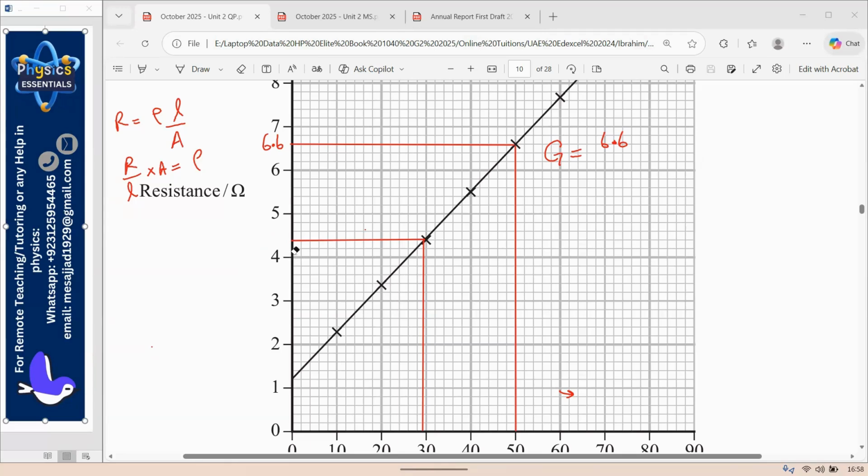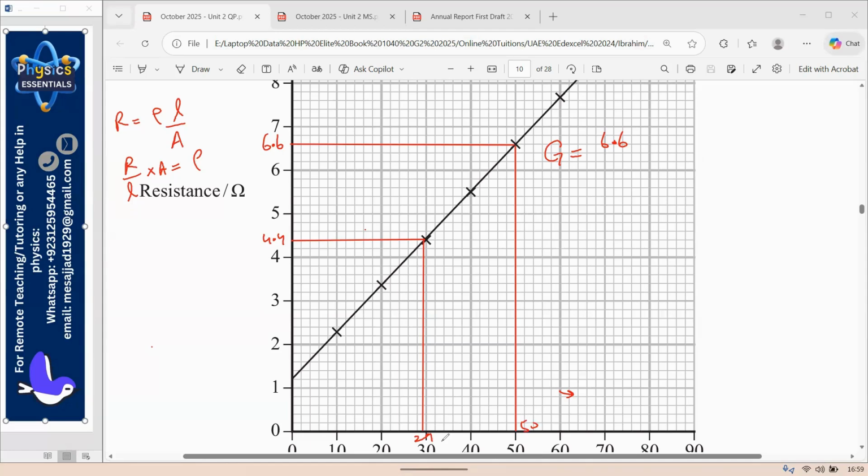And for this one, I believe, let's take it like 4.2, and let's assume it to be, I believe it should be 4.4, no? Yeah, okay, 4.4. And for this one, it is 50. And for this one, I believe it should be maybe 29.